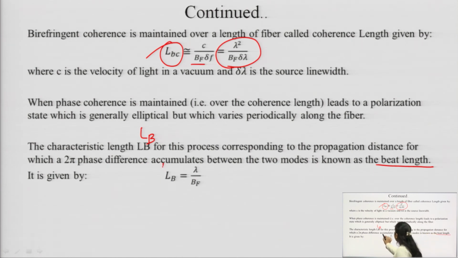It is given by Lb equal to lambda upon Bf. So, these are the phenomena which decide up to what length the polarization can be maintained, and this enables the designer or manufacturer to design a fiber where the polarization state can be maintained.